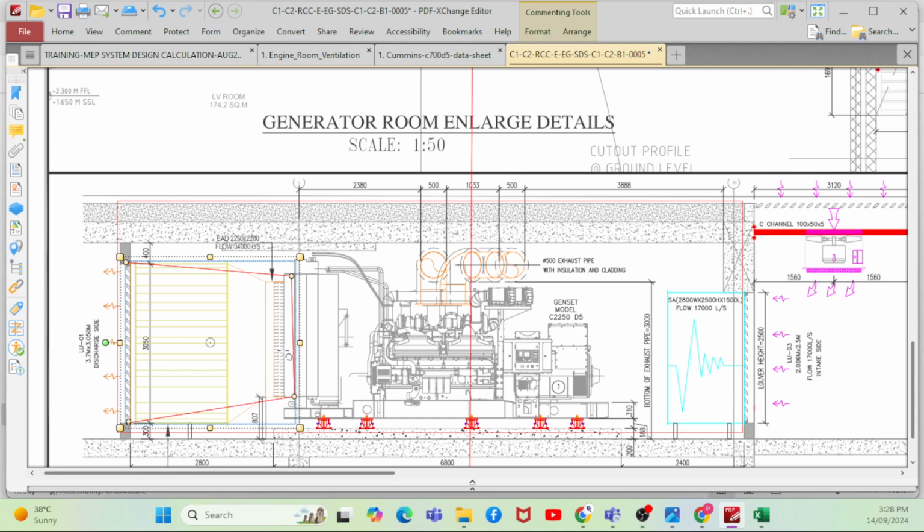But sometimes you cannot match it because of the room sizes. Because of the room sizes, you have to go with the small alternator, but that alternator pressure drop will be higher because of the airflow rate. In that case, you have to go with the external fan.